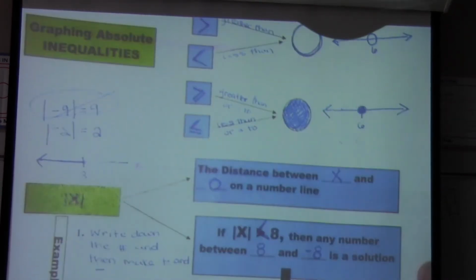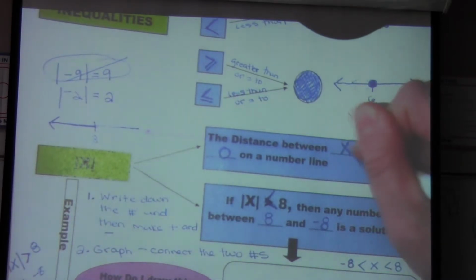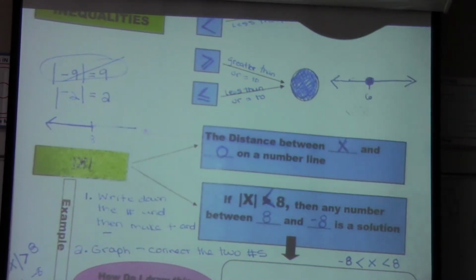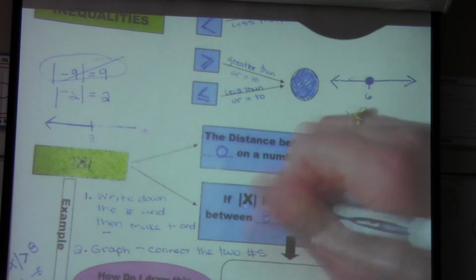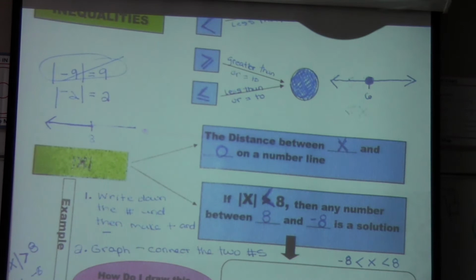When we are talking about the absolute value of x, we are talking about the distance between x and 0 on a number line. So if the absolute value of x is less than 8, then any number between 8 and negative 8 is a solution. I can check by plugging in an answer.